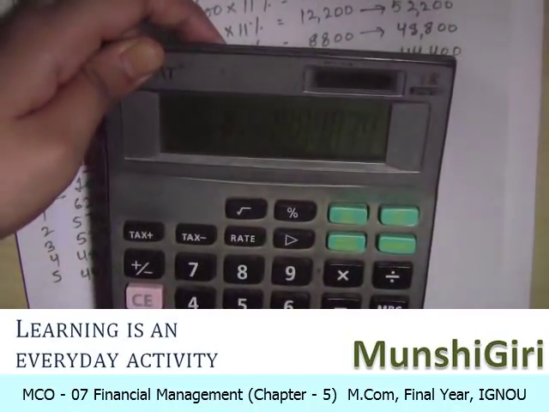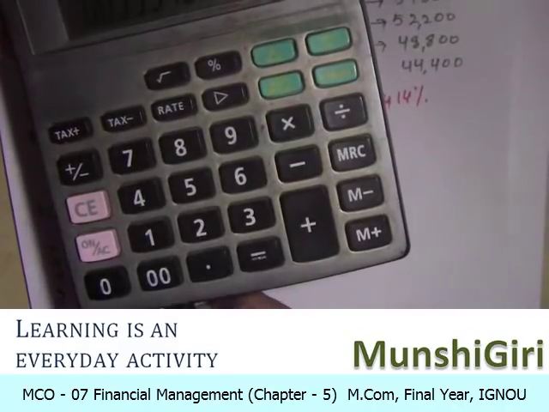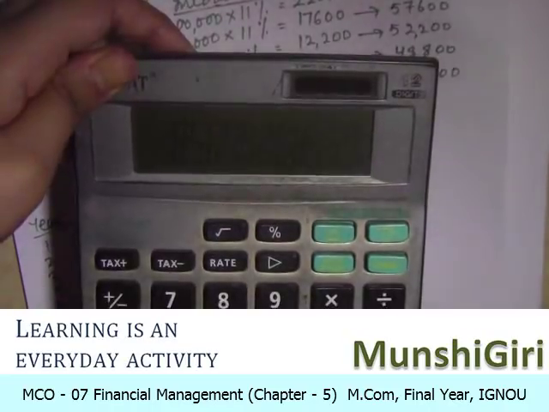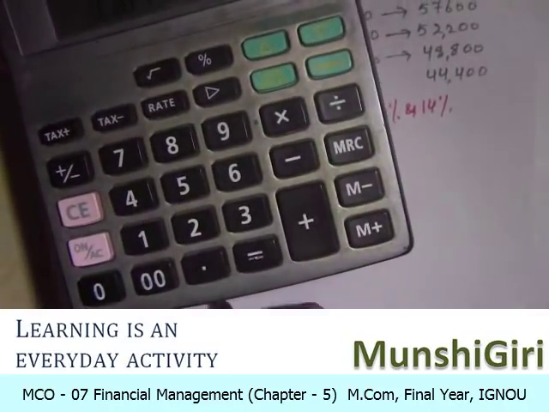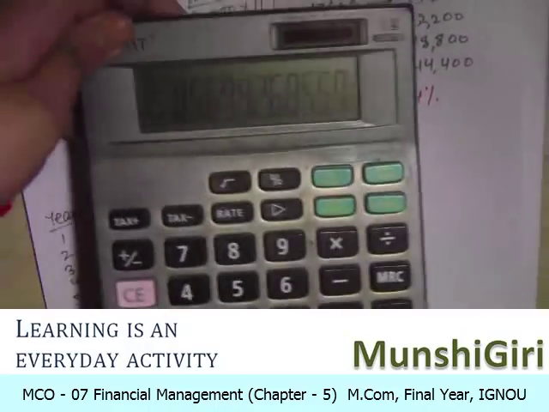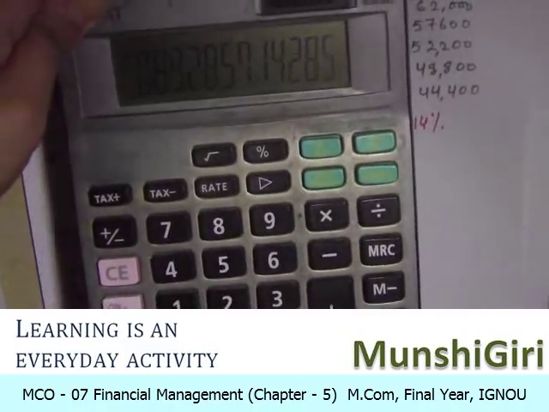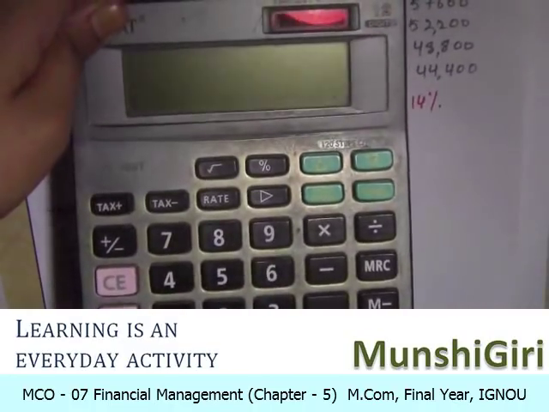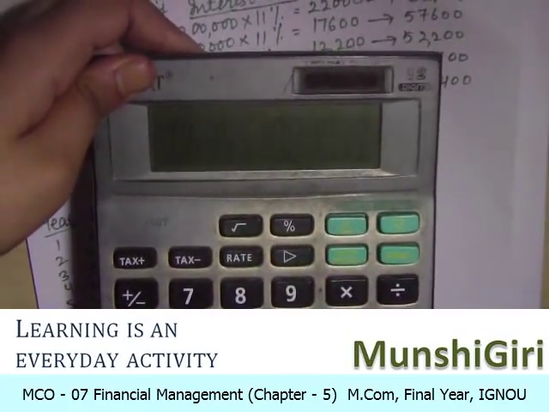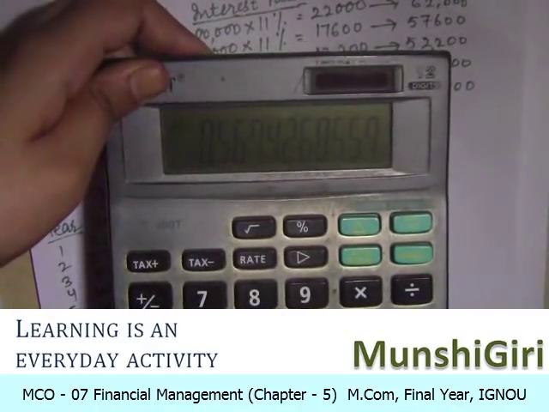For fifth it's 0.567. Recheck it once again. 1 divided by 1.12: 0.893, 0.797, 0.712, 0.635 and 0.567.